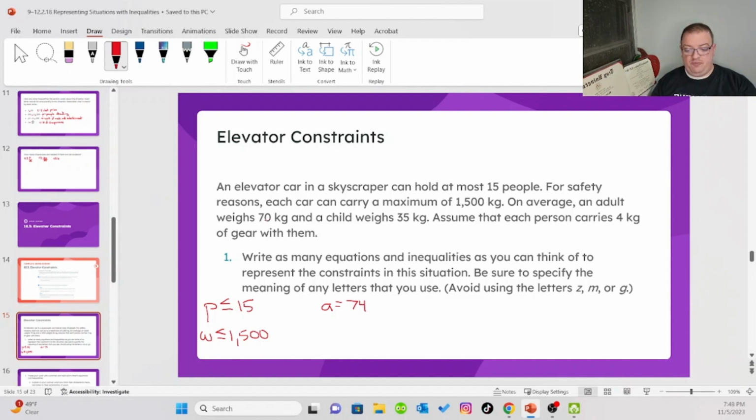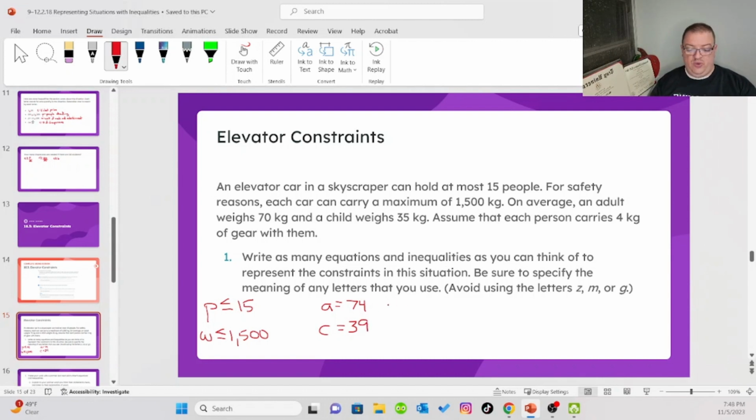The 70 kilograms per adult plus the 4 kilograms of gear they would have. And children would be 35, but they're going to have 4 kilograms of gear with them. So instead of 35, we want to say 39.